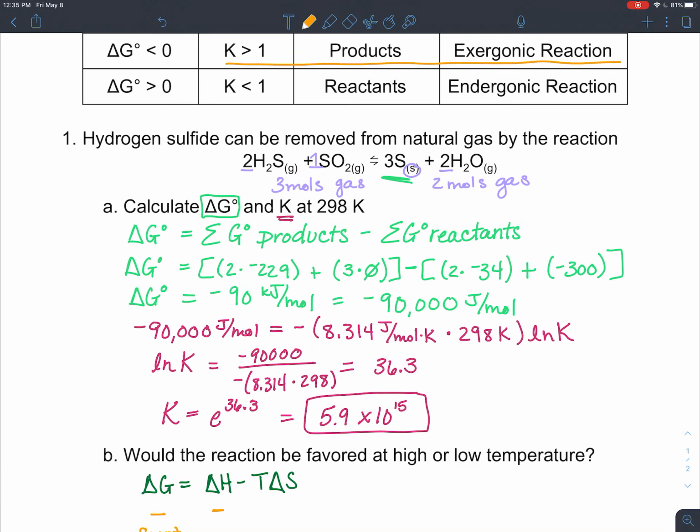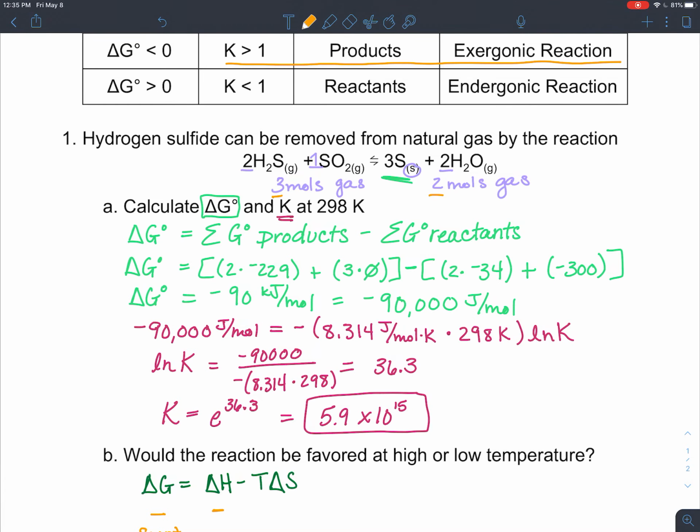Okay, so this is how I know that. It's exergonic. I'm going to assume that it's going to be a negative enthalpy. I probably shouldn't make that assumption, but for right now I'm going to.